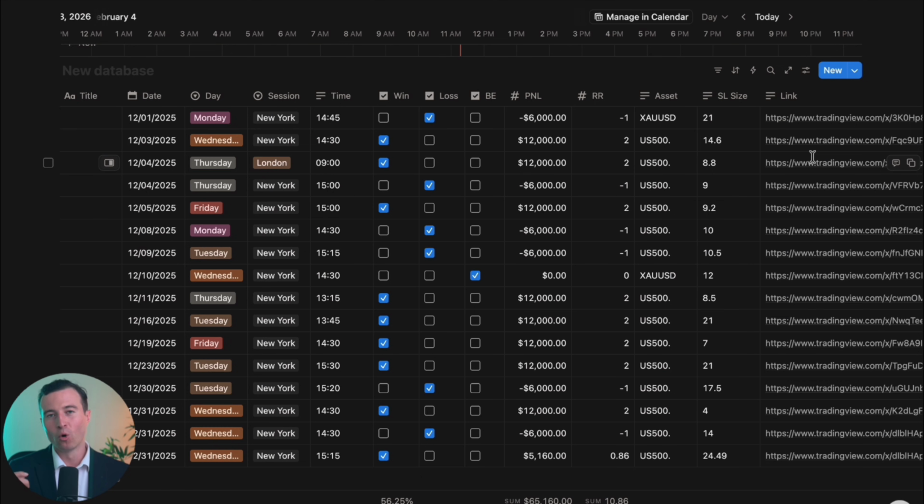It's very important to show you the real results of this trading strategy, but I also want to keep it as real as possible, because not every month is going to be like this. As a trader, you're going to have winning months, losing months, break-even months, and that is the reality of trading.